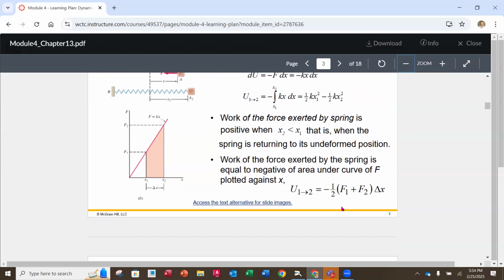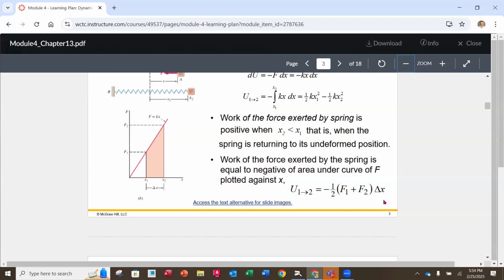But when we identify the work that is going to be induced by a spring, we know that the force for work has to be in the same direction as the displacement, or the distance over which we are exerting that force.